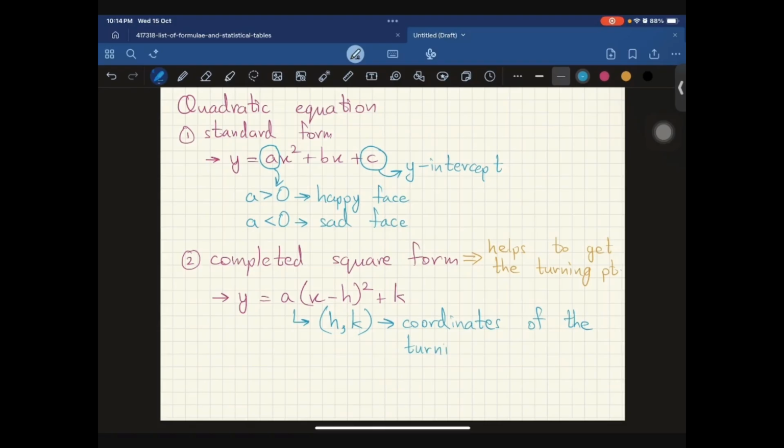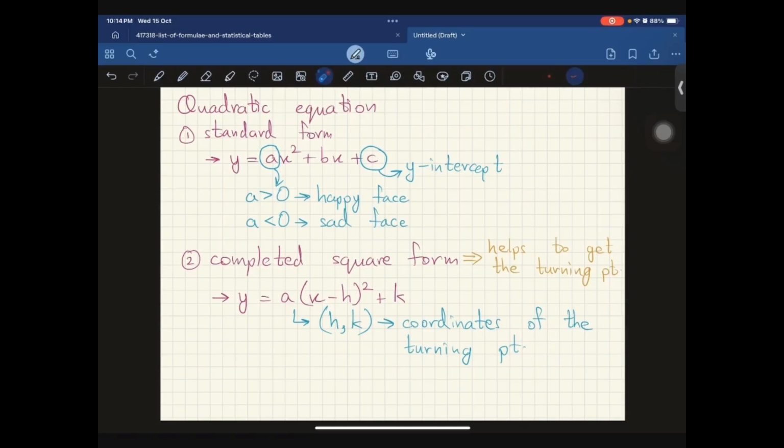So if you're able to understand how to convert standard form to completed square form, then finding the coordinates of the turning point becomes very easy. And today we'll focus on how to convert from a standard form to a completed square form. That will be the main topic for today, once we're done with the forms of the quadratic equation.